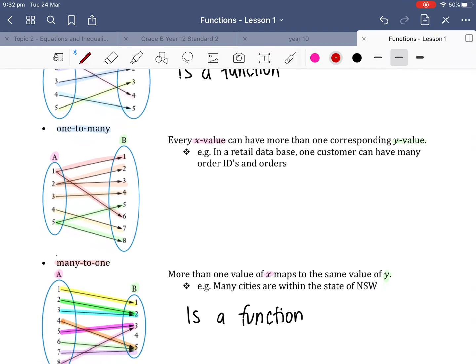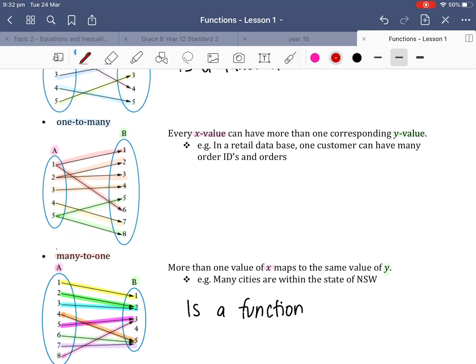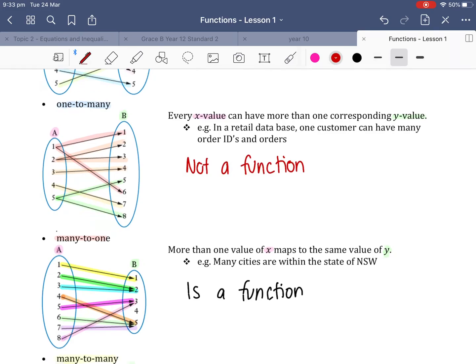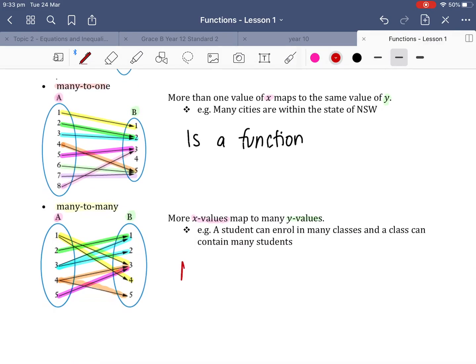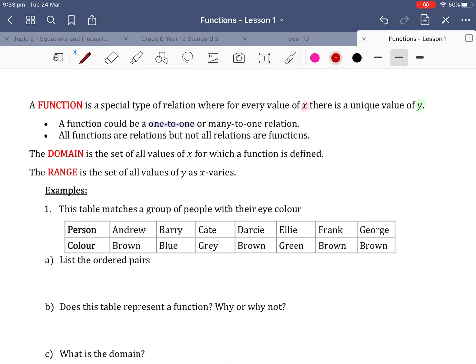So this means that we have many-to-ones and one-to-ones as functions, and our one-to-manys are not a function, and our many-to-manys are not a function. And our many-to-one is this colour.